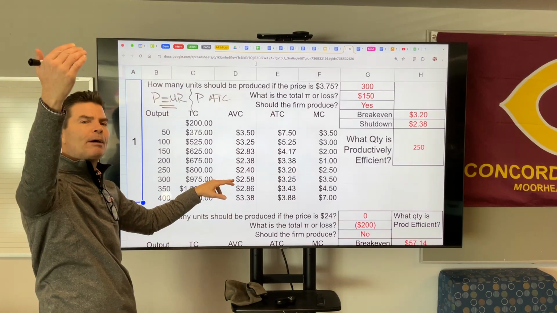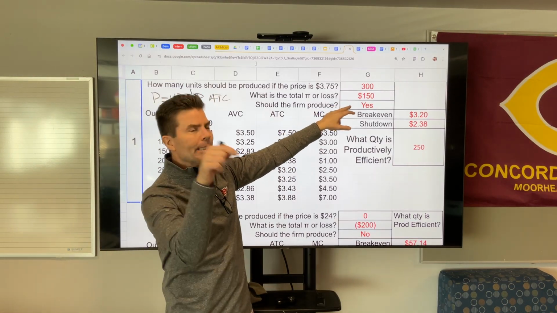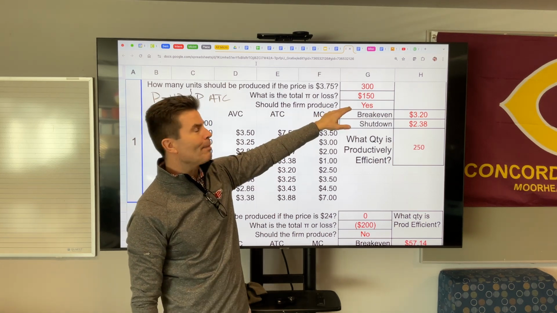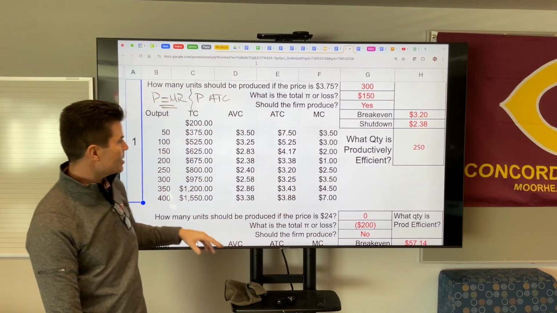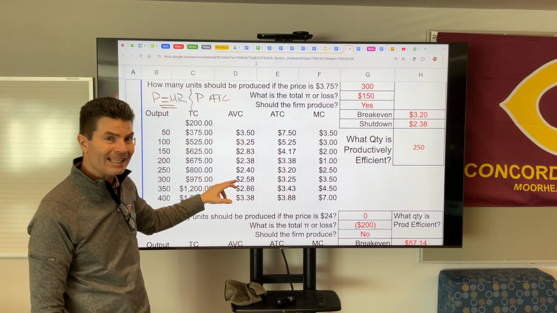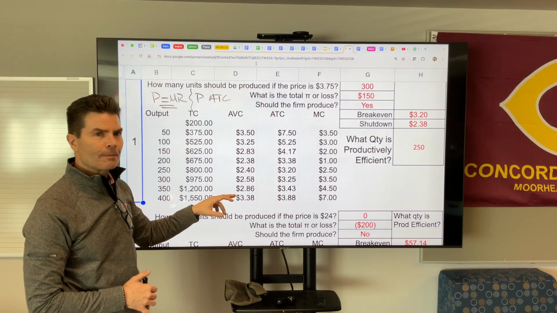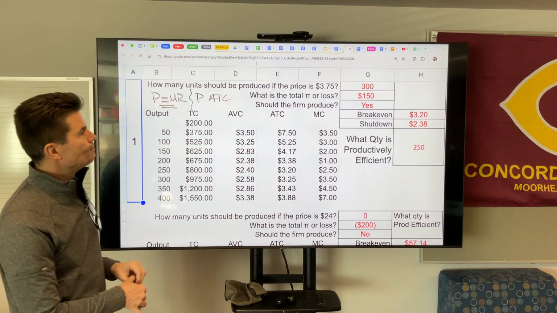So it's well above that point. Really, any time that you're making a profit, yes, you will produce. This may be a no if, let's just say at 300, my price was $2.50, then you would not produce. For whatever your optimal quantity is, that's what you have to pay attention to.